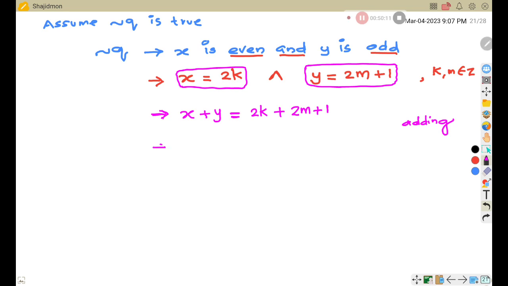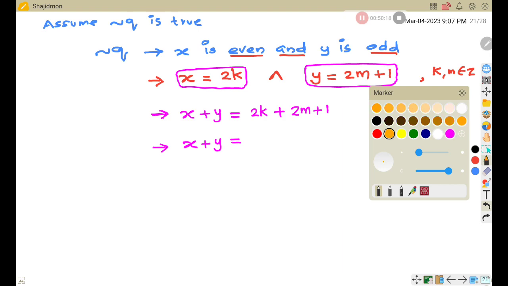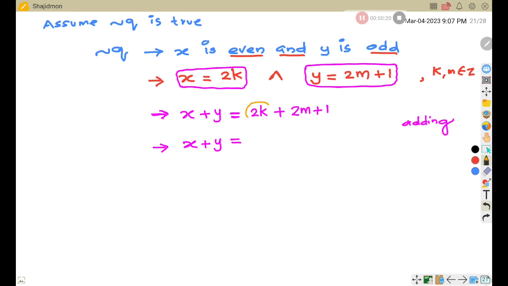That means what we can write? X plus y equals 2k plus 2m plus 1. We can take 2 outside, or if it is your logic, it is correct. You can think logically also. 2 multiply, what is balance? K plus m, then plus 1 separate, correct?